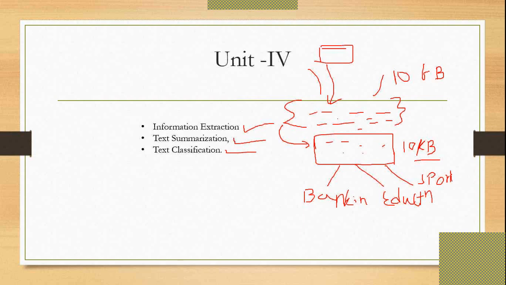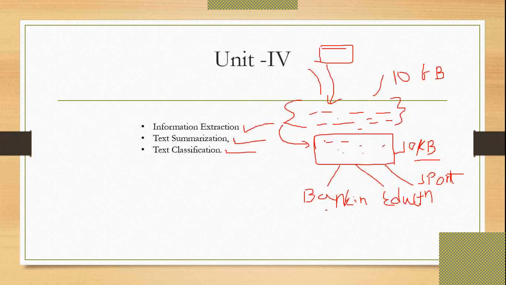Once you classify this data, you get more linking of it: this is sport data, and the summary is like this. If you like the summary, you can go through the detailed information. This is the idea behind this unit, and accordingly we frame this unit as information extraction, text summarization, and text classification.